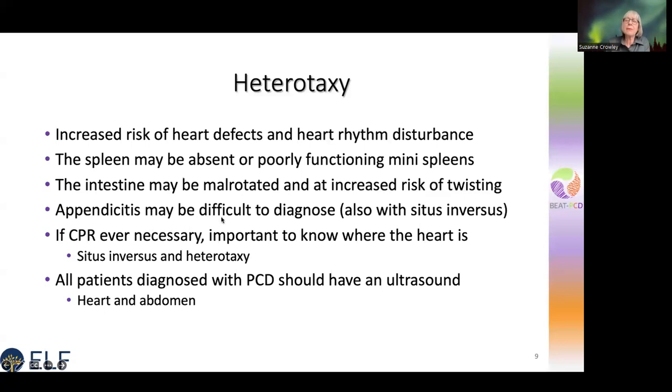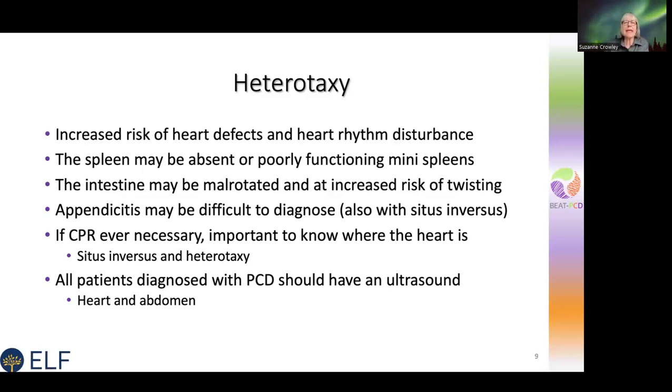For people with both heterotaxy and situs inversus, appendicitis may be difficult for a doctor to diagnose, so you need to be aware of that as well. And if for any reason you might ever need CPR, for example, if you're involved in a car accident, it's important to have some way of, some people wear a medic alert bracelet, for example, or it's in electronic medical records, that the heart is on the other side of the body.